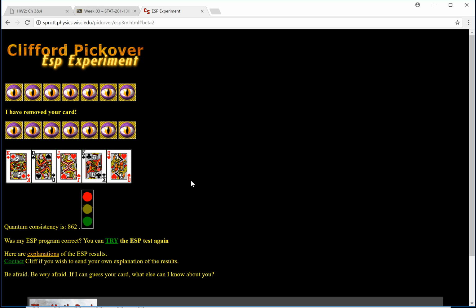And if you take it at face value, hey, my card's gone. Is he really doing what he says he was going to do? Sure, he removes your card, but he removes every other card too. So if you don't believe in the ESP, how could the computer be doing the ESP?